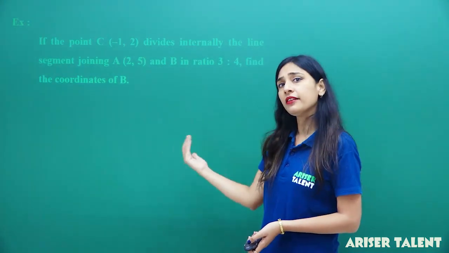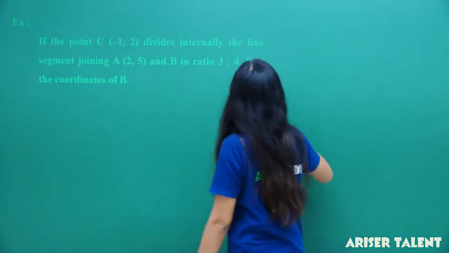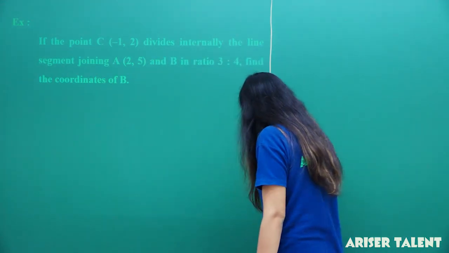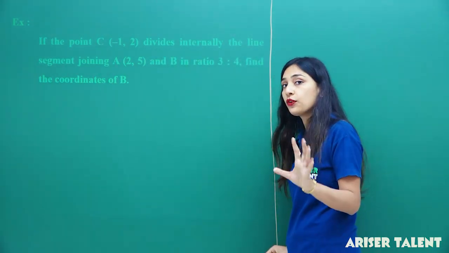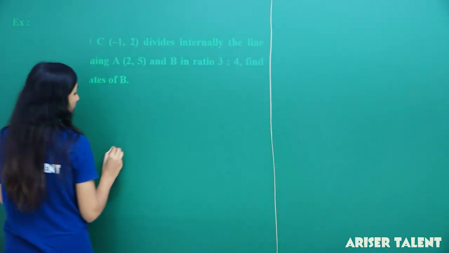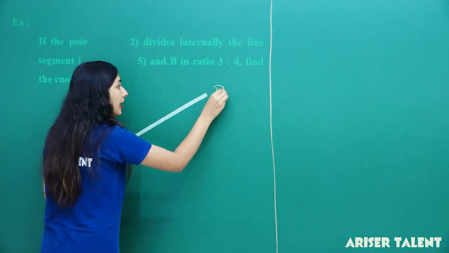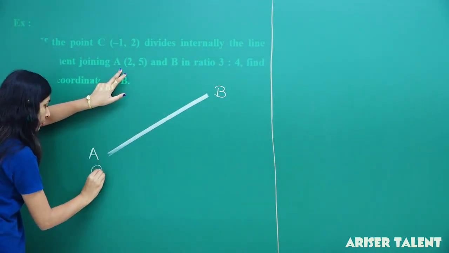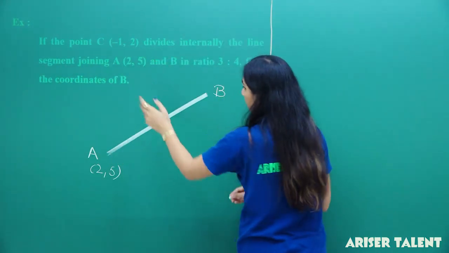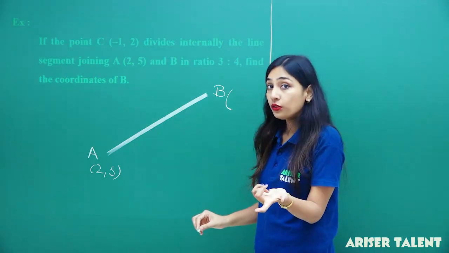First, we will understand what the question is exactly telling us. You have a line with point A and point B, where A is (2, 5). Now I have to find the coordinates of B.